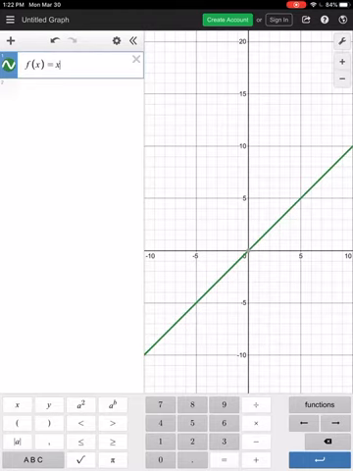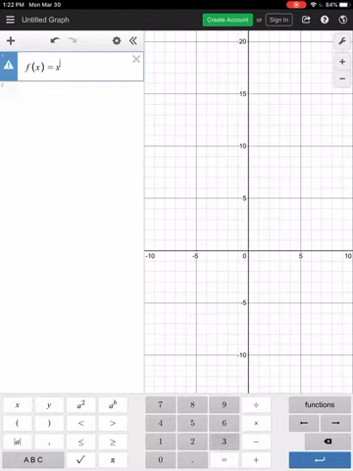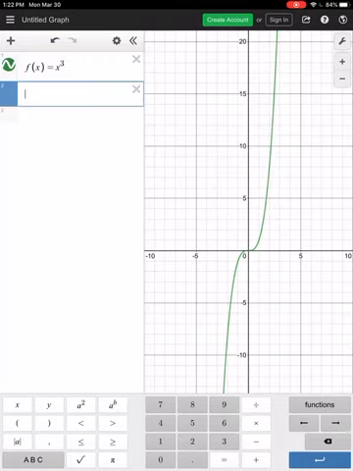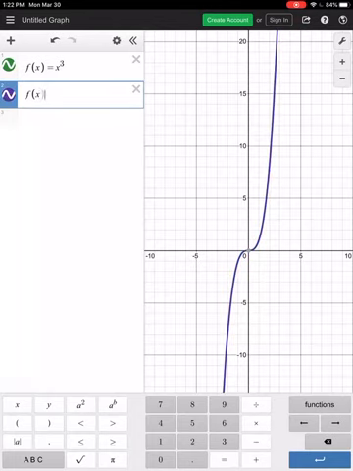Choose the button that has a to the b power so you can get an exponent of three. That's how a cubic function looks. That's your parent function. And then next, I took this f of x and added a 2 to it. So I'm going to write this as f parentheses x and then put a plus 2 behind it.